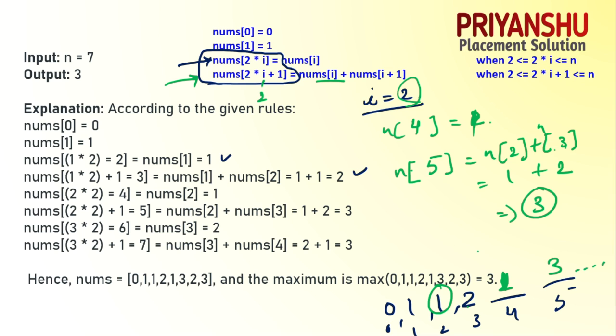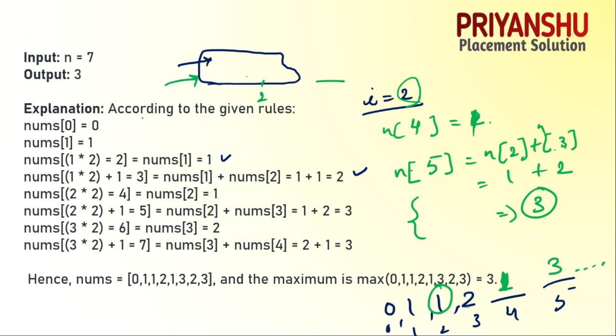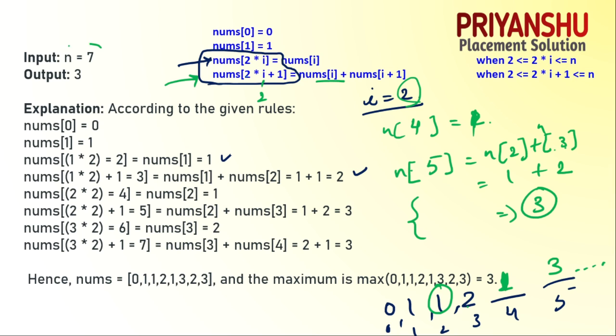This logic runs n plus 1 number of times, because in the question they have told us we need to find the array nums of length n plus 1. As you can see here, we have n equal to 7 and we got 8 elements, and we need to find the maximum of these elements, that is 3.